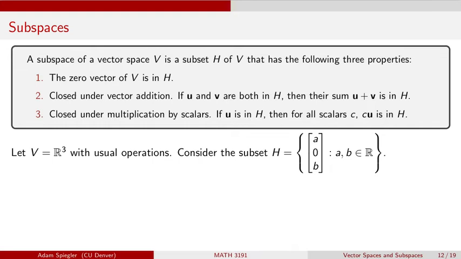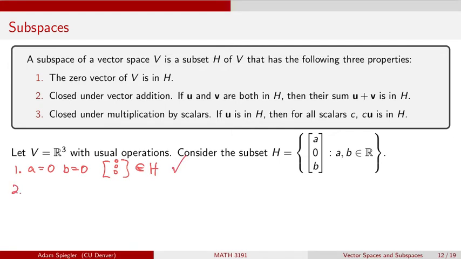So the first condition: is the zero vector in H? Yes, if we set a equals 0 and b equals 0, then we get the vector (0, 0, 0), which is in H. So the zero vector is in subset H, and that part is satisfied.